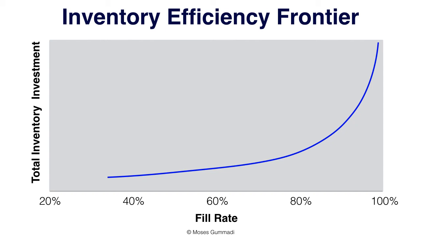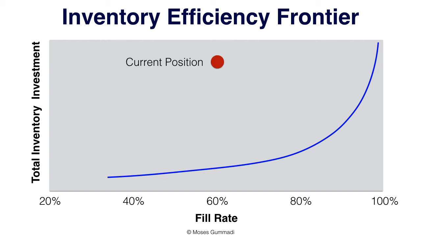And the total inventory investment is obviously the total inventory investment of all the items that you have stored. We can analyze an organization or a facility or anything and come up with the efficiency frontier chart, something like this. And what does this represent? It represents the best possible scenario positions of inventory investment and the fill rate, beyond which you cannot get to.